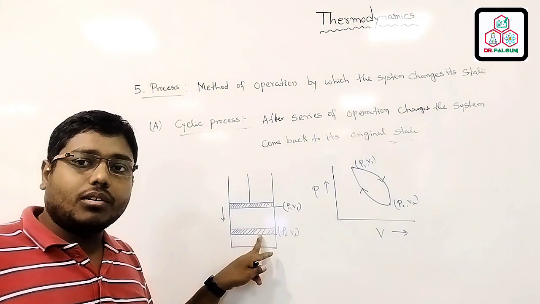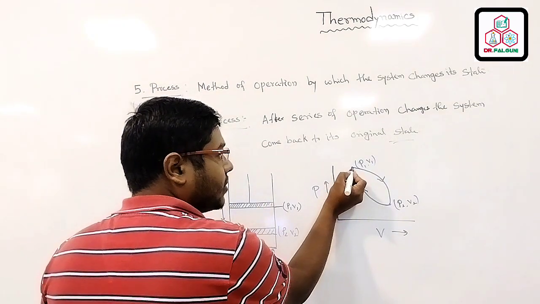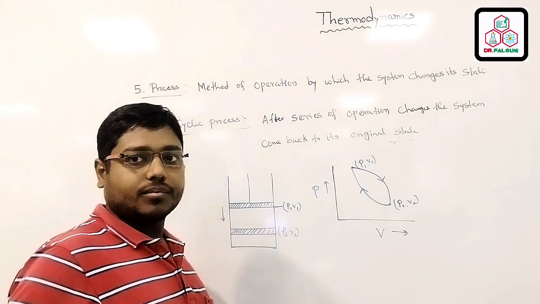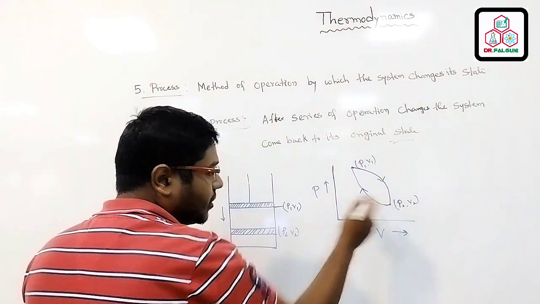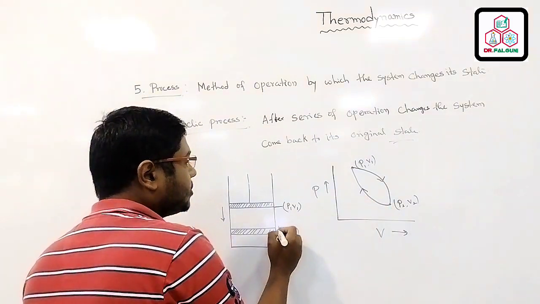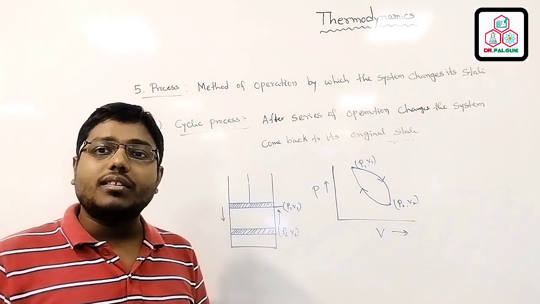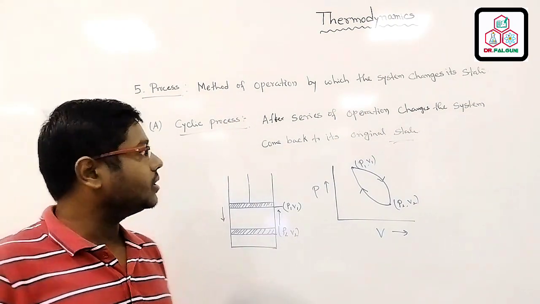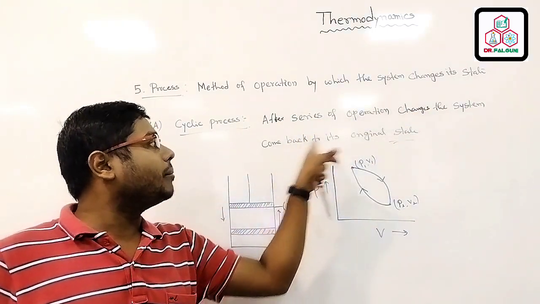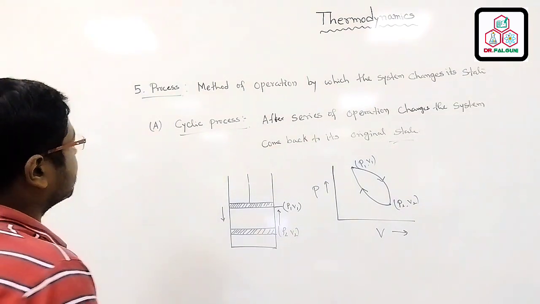This piston will go back to its initial stage. And again, if you remove the pressure, the piston goes back to the initial state. So this process is called cyclic process. After a series of operations, the system comes back to its original state. Right, so this is called a cyclic process.